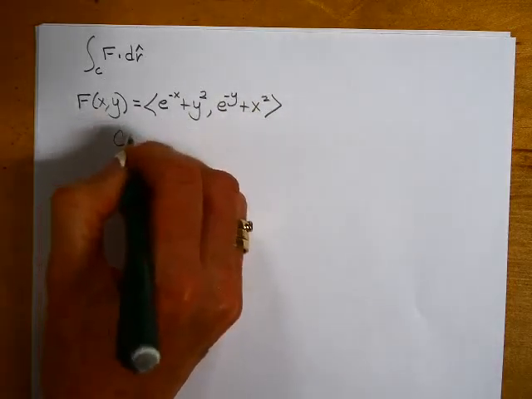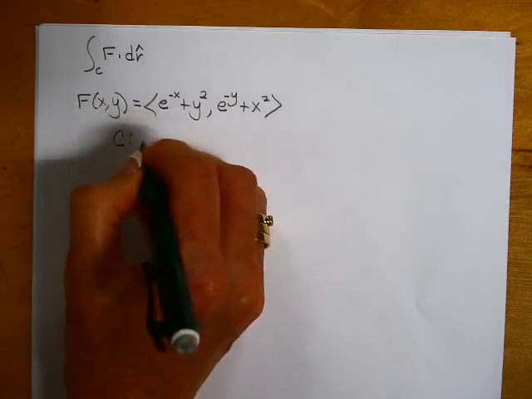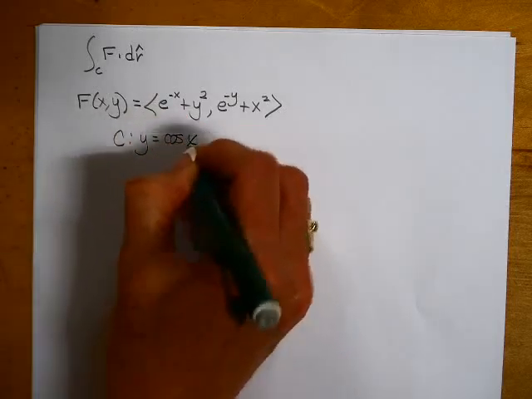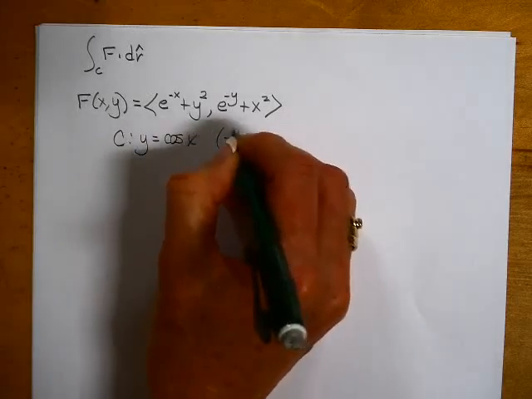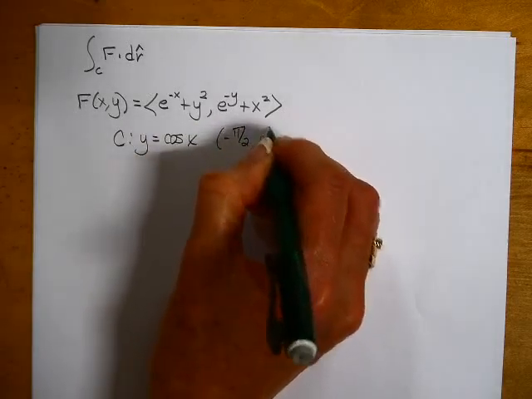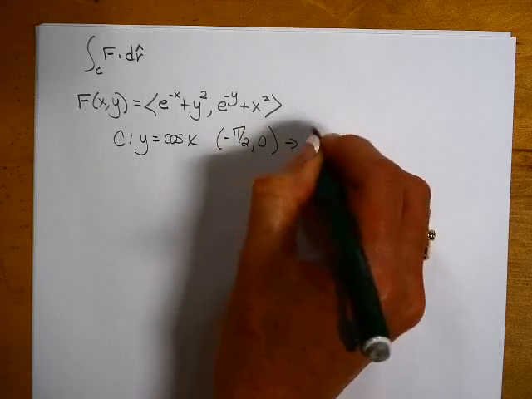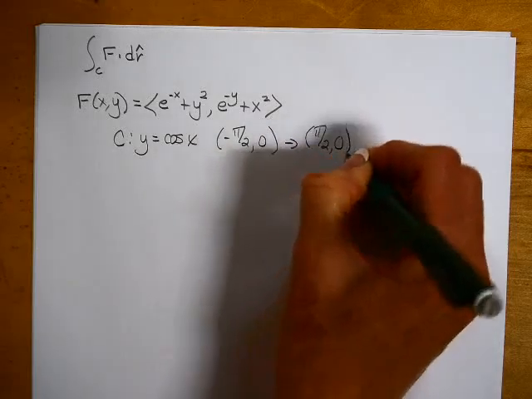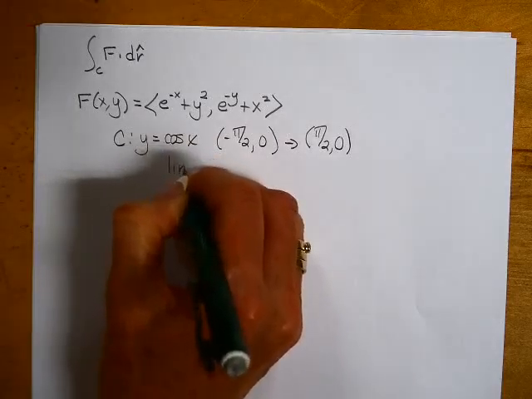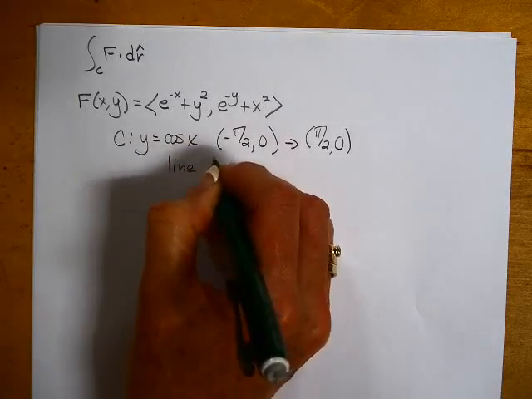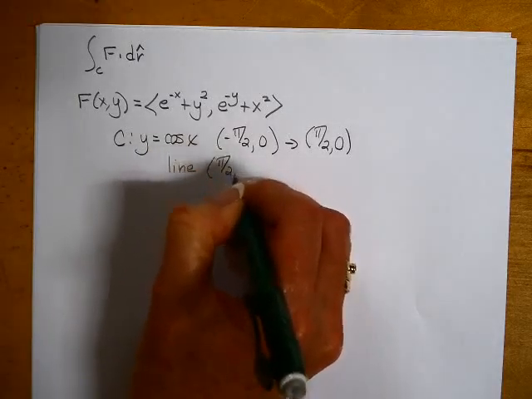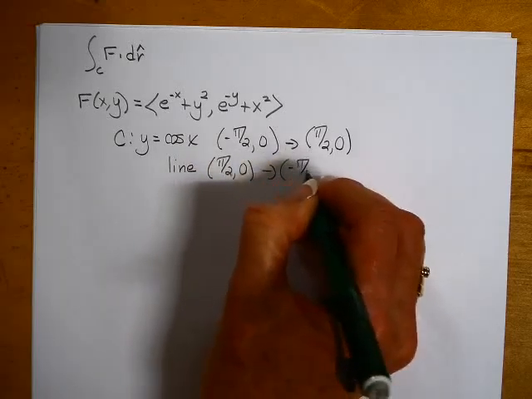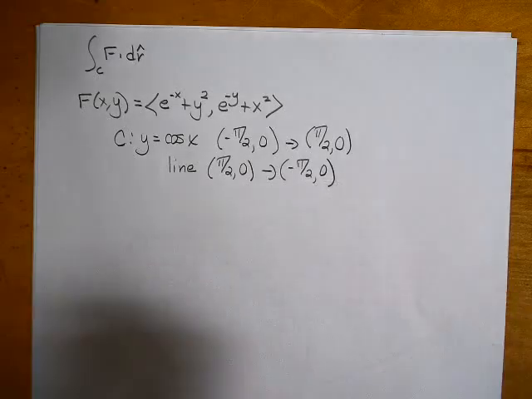And C is the arc of the curve y equals cosine of x from negative pi over 2, 0 to pi over 2, 0, and then the line segment from the point pi over 2, 0 to the point negative pi over 2, 0.